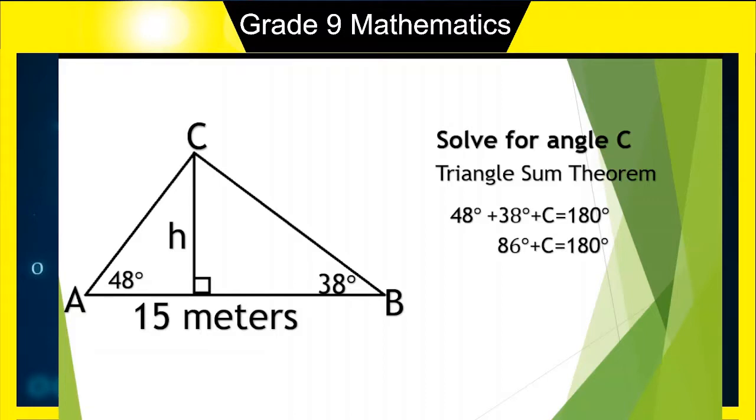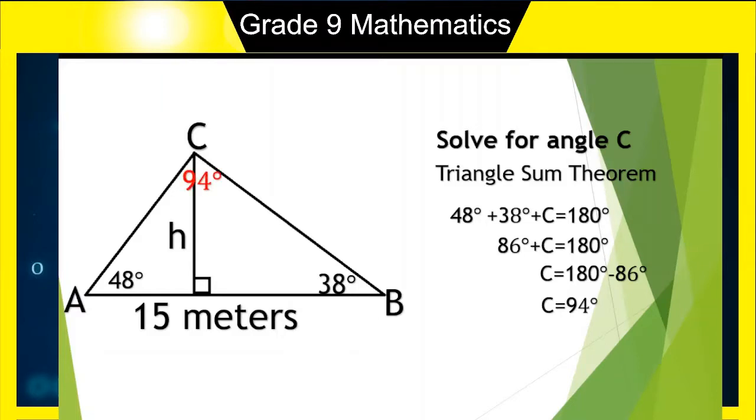Then plus C is equal to 180. To isolate C, we subtract 86 from 180, which gives us 94 degrees. So the value of angle C is equal to 94.